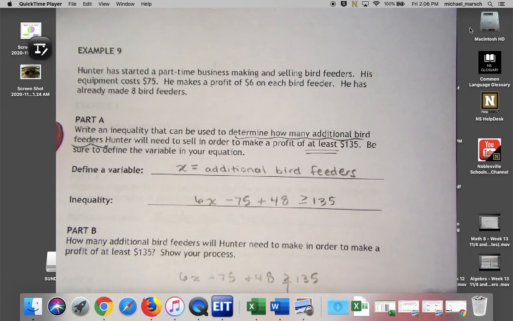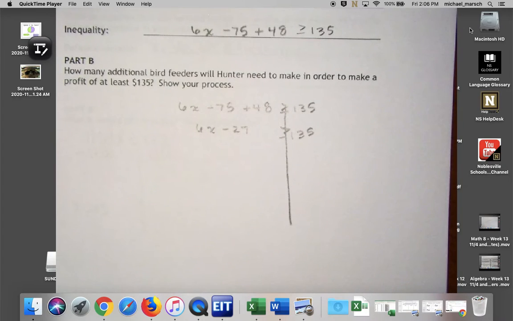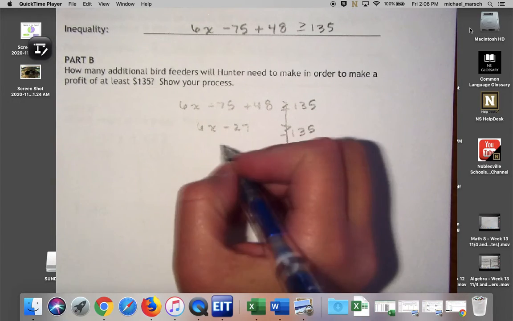Oops, I almost forgot my wall of equality. And now I've got my two-stepper.